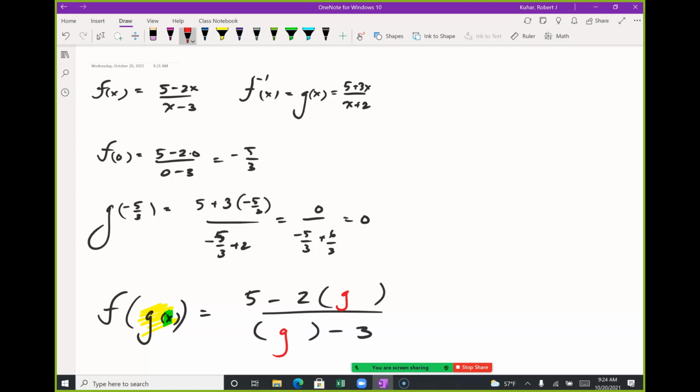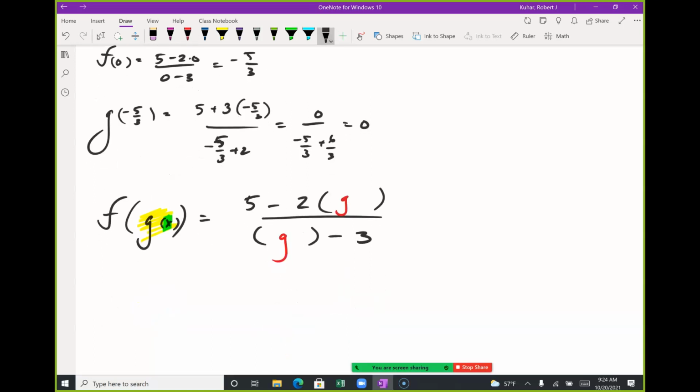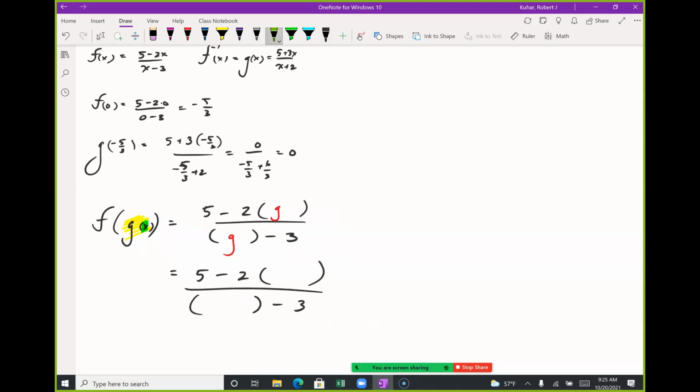So I can see in black the original function, and what's the input is g. So my function g is 5 plus 3x over x plus 2. And I'm going to try and find the LCD here.